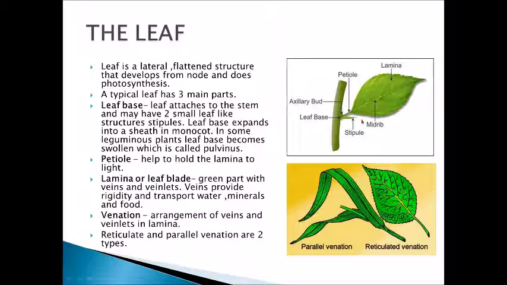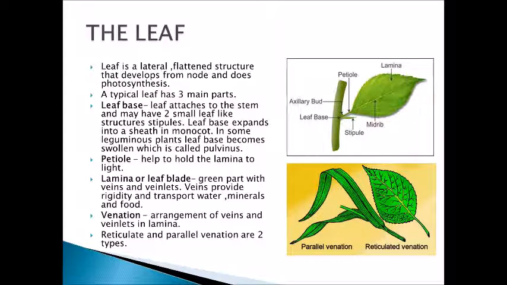So the lamina is a green part which has veins and veinlets, and these veins are the important channels for transport of water, minerals and food. So these three parts of the leaf are important.